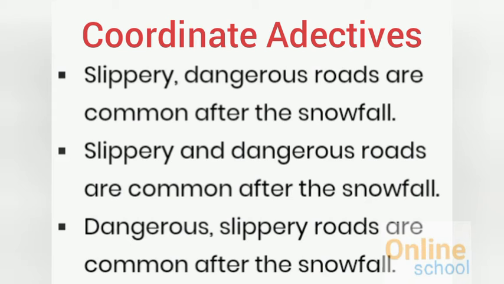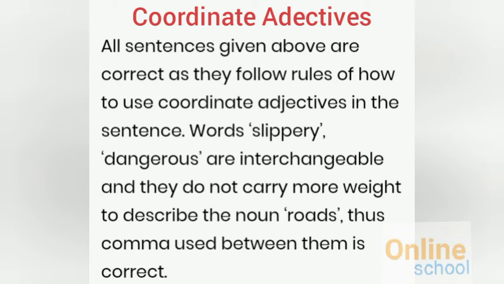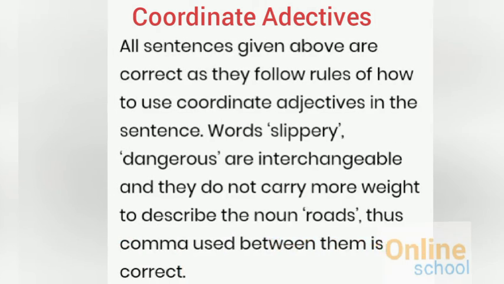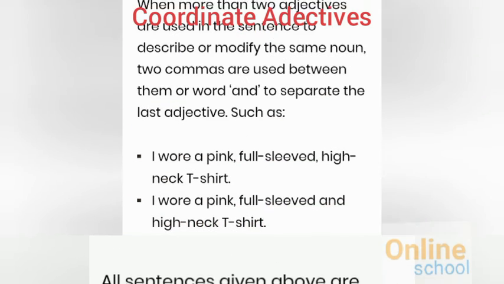Another way: dangerous, slippery roads are common after the snowfall. All sentences are correct, as they follow the rules of how to use coordinate adjectives. The words slippery and dangerous are interchangeable, and they do not carry more weight to describe the noun roads. Thus, the comma used between them is correct.